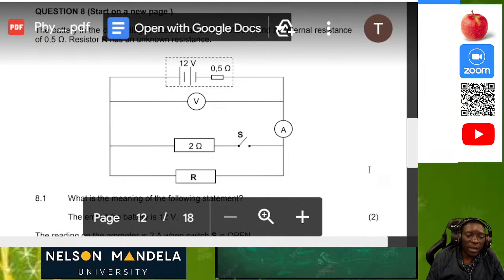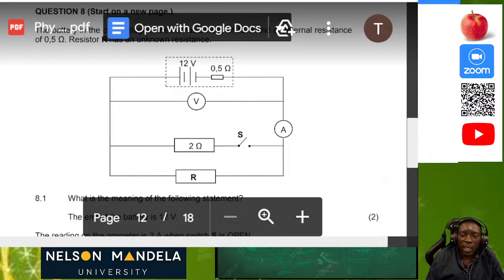EMF means electromotive force. In this case, it is the amount of other forms of energy converted into electrical energy. The other form of energy is the chemical energy in the battery. If you know how the battery works, it has some electrolyte, which is the chemical energy that is converted through its interaction with the electrodes into electrical energy.